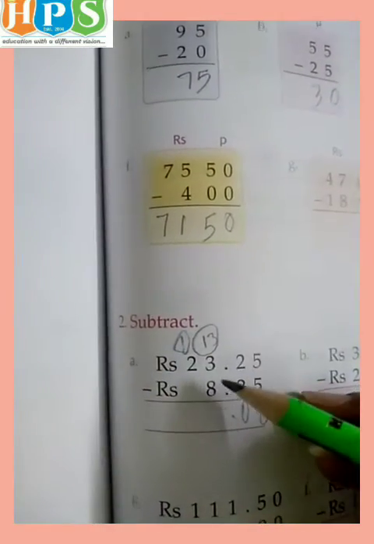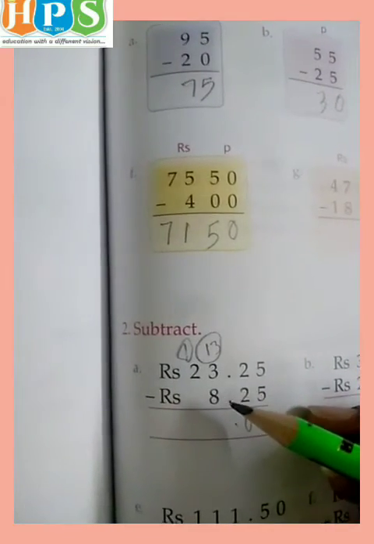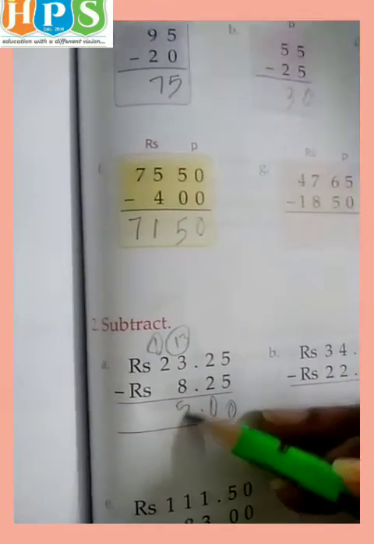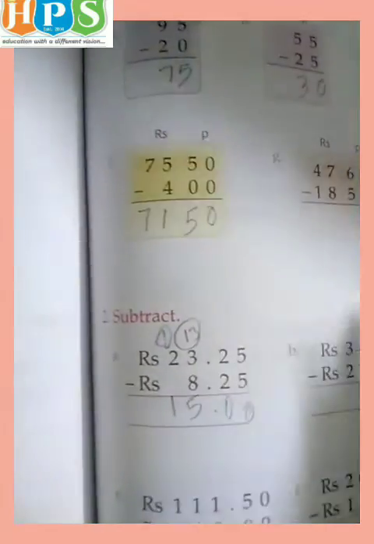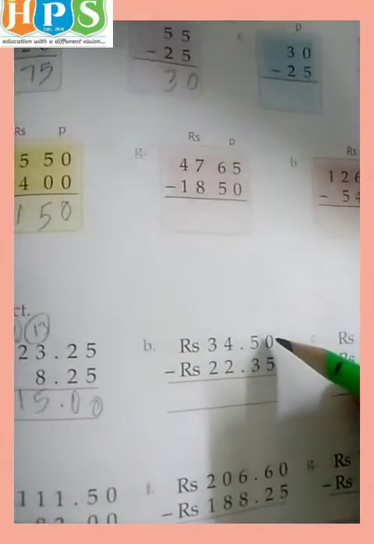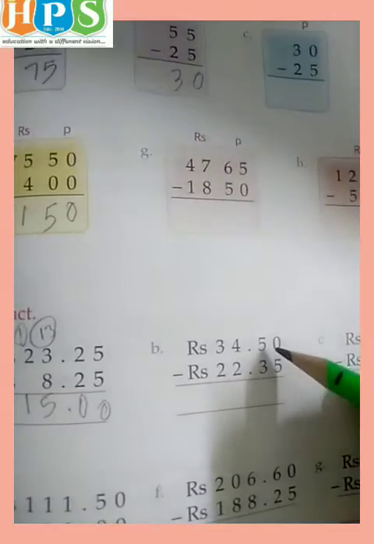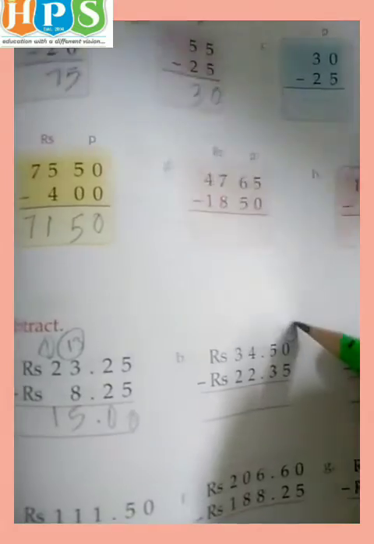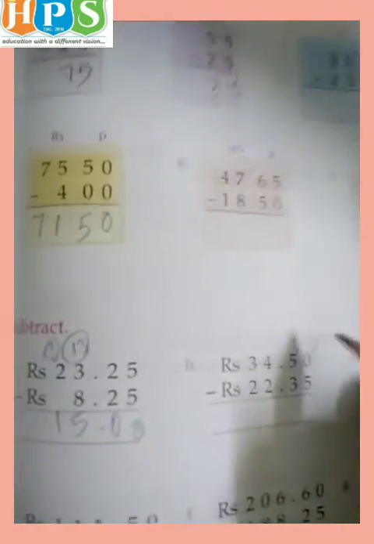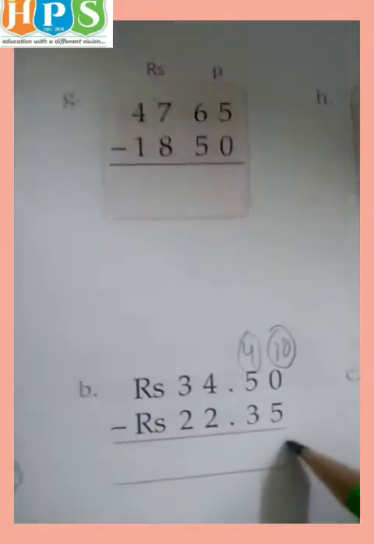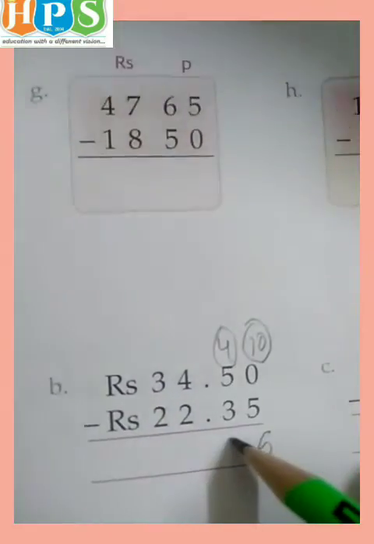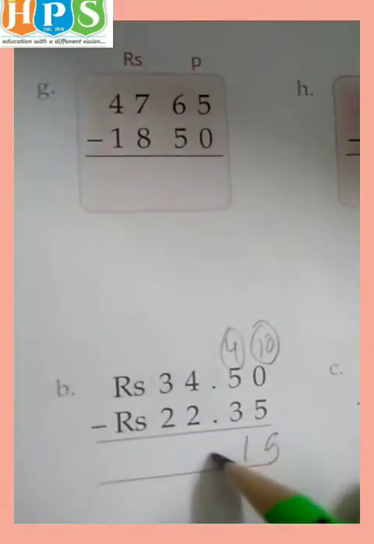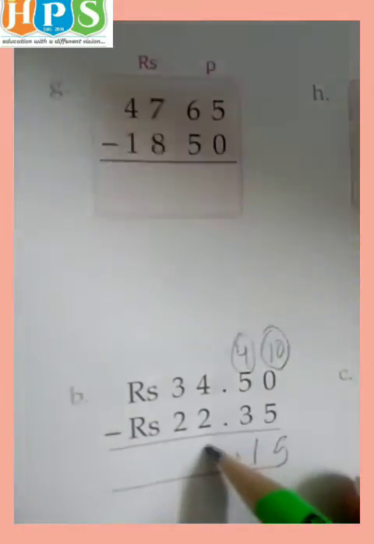What's left? 1. 13 minus 8, 5 and 1. It means 15 rupees. We can't subtract 0 minus 5, so 1 borrow to make 10. And what's left? 4. 10 minus 5 5, 4 minus 3 1, 2 minus 2 2, and 2 minus 3 minus 2 1.